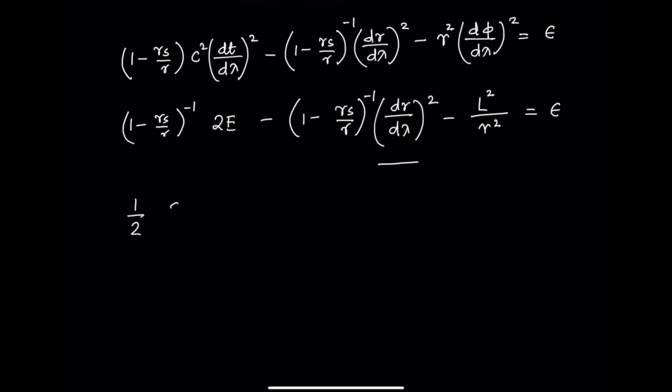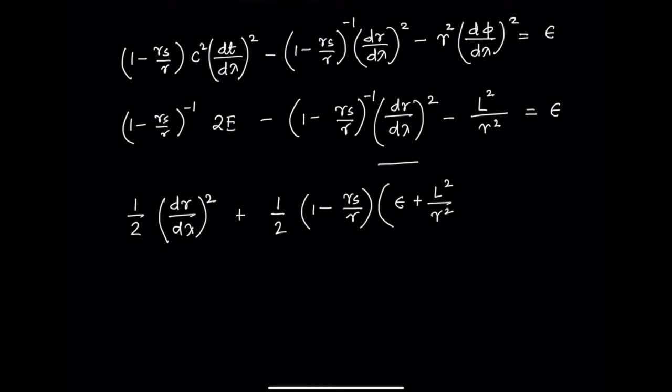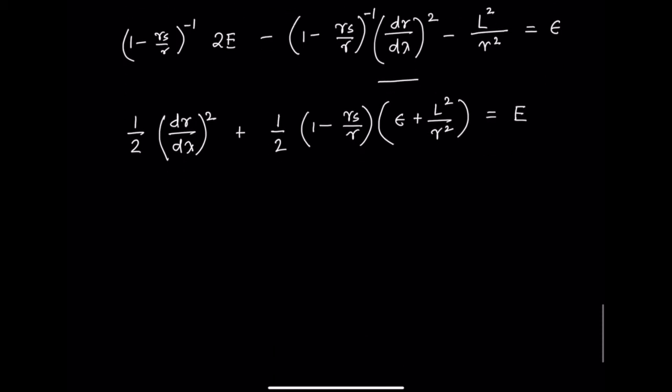So I get half dr d lambda whole square plus... So I get this very simple looking expression, and this I can make look a little more familiar for you.